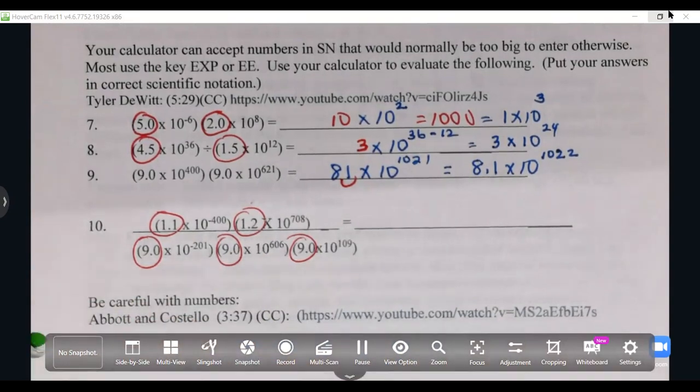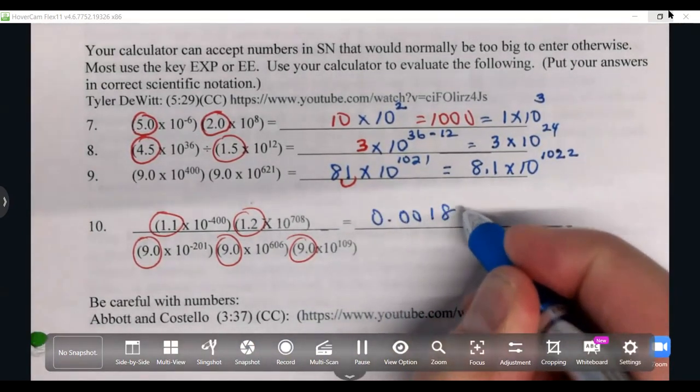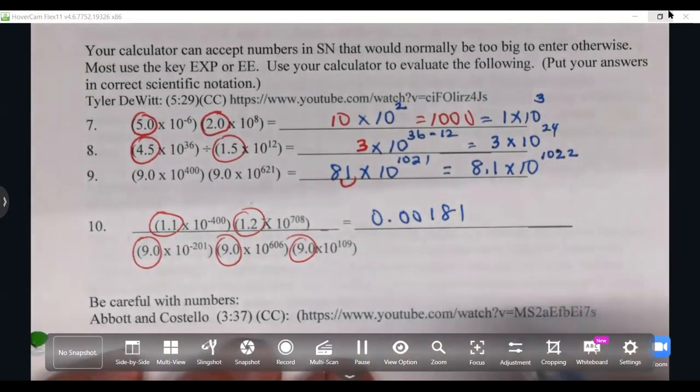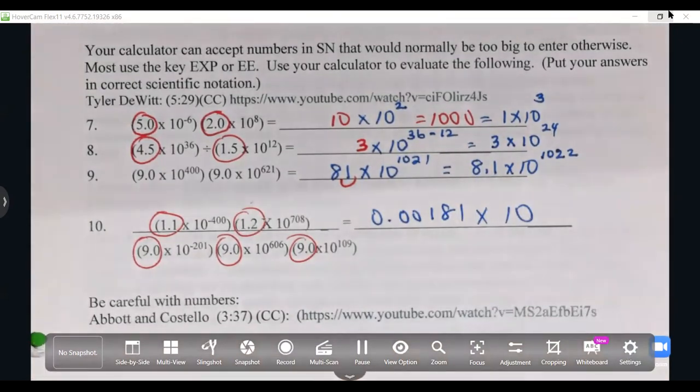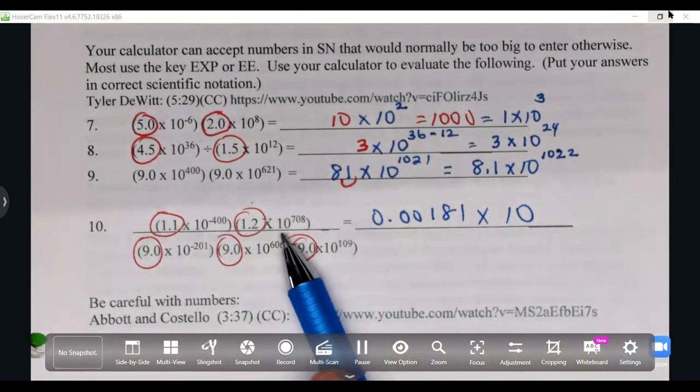That is the absolute quickest way to do that. And you should get this number, 0.00181, and so on, yes?